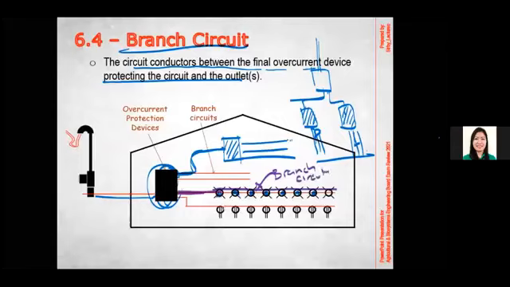Okay, so the same is also true for our convenience outlet. For our convenience outlets, the wire that runs from the convenience outlet to the final overcurrent device is another branch circuit.